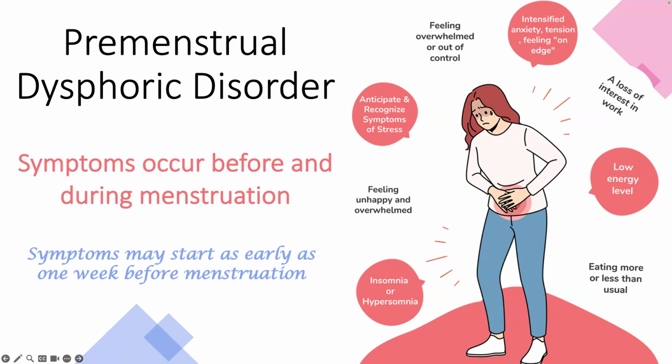So this is more presenting not just as depression, but as mood swings, maybe tearfulness, irritability, anger, anxiety, and it's around menstruation. So that can be a reason that somebody might be on birth control to kind of help regulate those hormones for that.